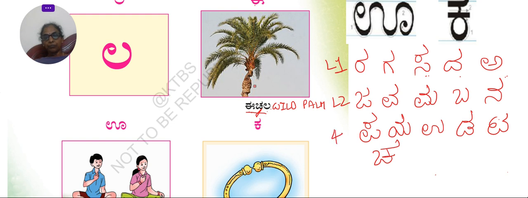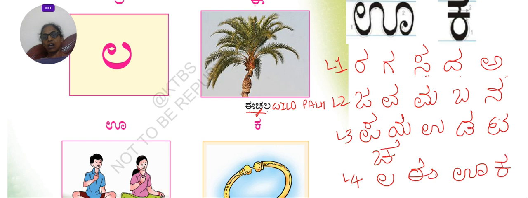This was lesson 3. And now let us look at lesson 4. La, E, U, Ka. So totally we have finished 20 alphabets with lesson 4. Now let us continue lesson 5 in the next video.